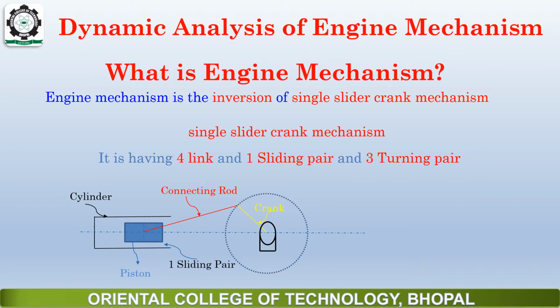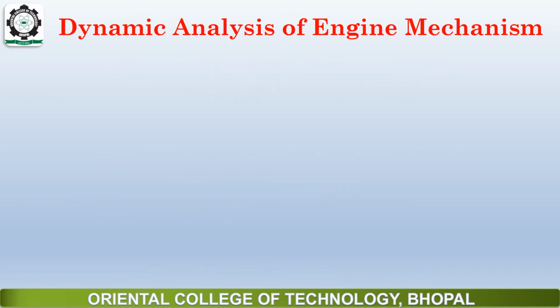There is one sliding pair between slider and cylinder, one turning pair between piston and connecting rod, one turning pair between connecting rod and crank, and one turning pair between the crank and a fixed part of the engine.